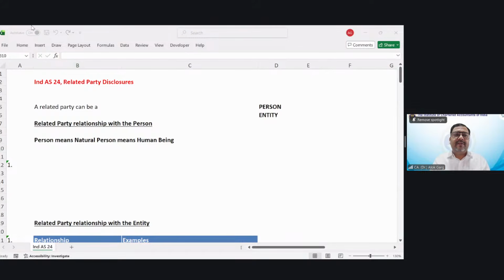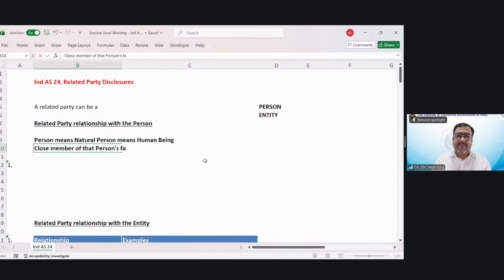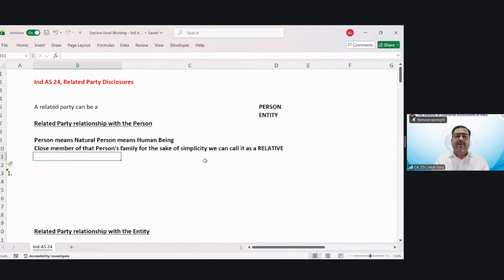Then, friends, close member of that person's family. For the sake of simplicity, we can call it a relative.